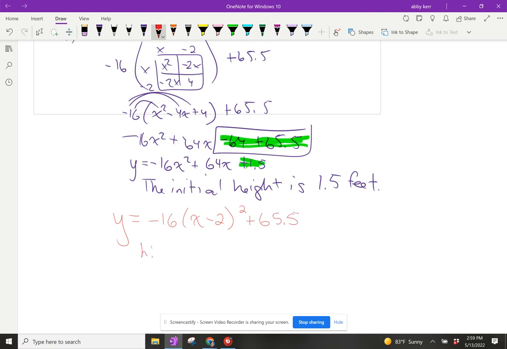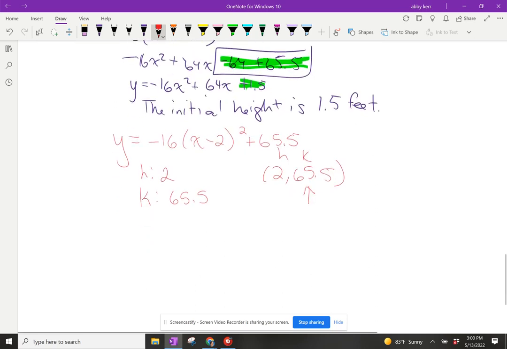So my h value is the opposite of what I see, which is 2. My k value is 65.5. So when I have my vertex, my h comma k, this is my maximum height, the k value. So the max height is 65.5 feet.